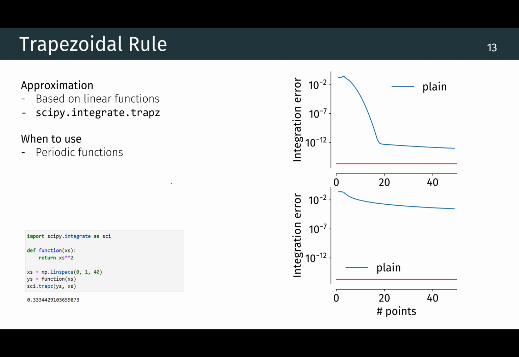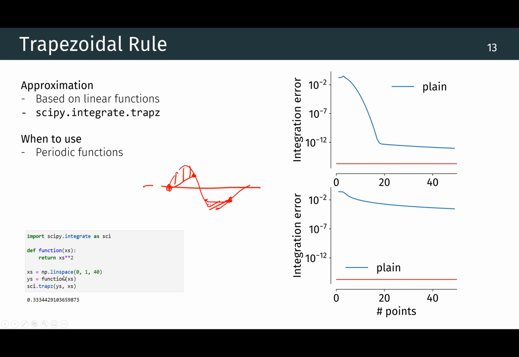If you have a periodic function that you would like to integrate, and you evaluate it here and here, then you're missing out on this part of the peak. But you're going to make the same error on the other side again. That's why the trapezoidal rule is typically more accurate if you use a periodic function with the same amount of points.